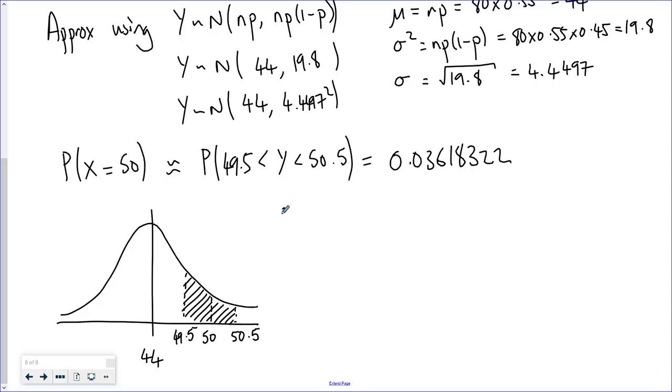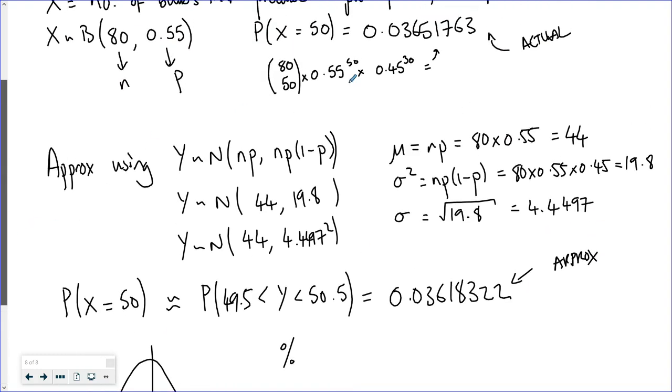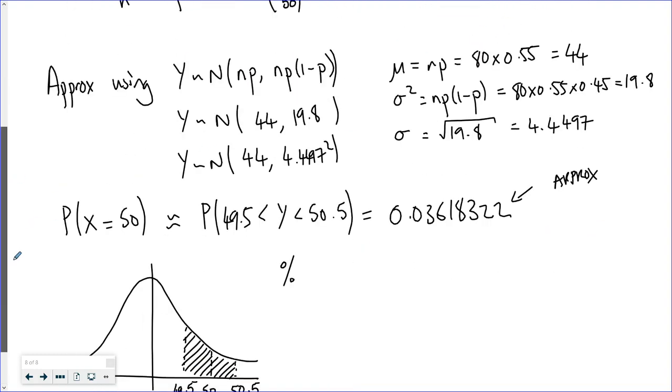So finally, we need to work out the percentage error. Remember, this is an approximation, and it's this probability which is the actual. So to calculate percentage error, we're going to do the difference, so the actual minus the approximation, divided by the actual.